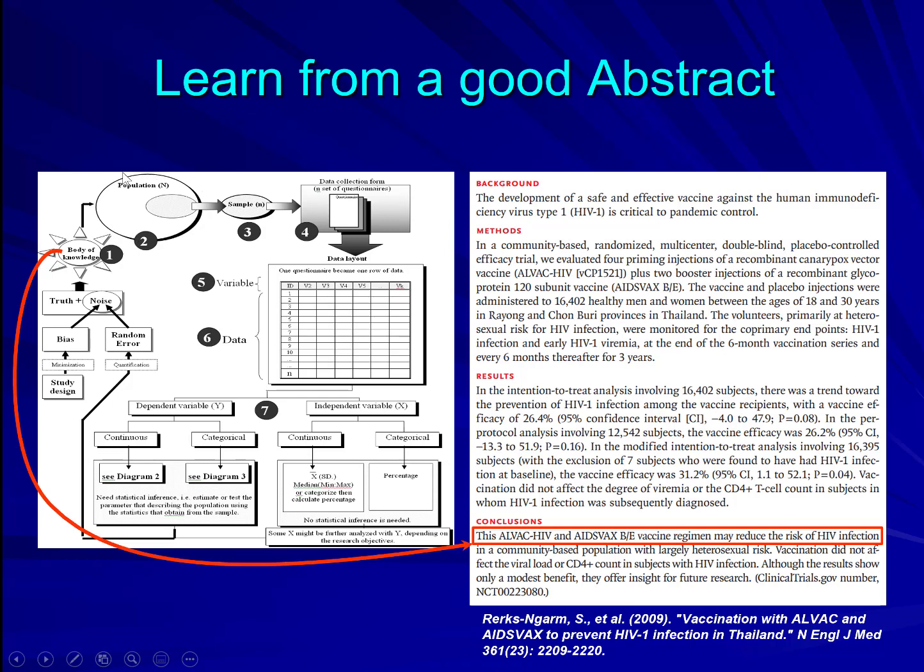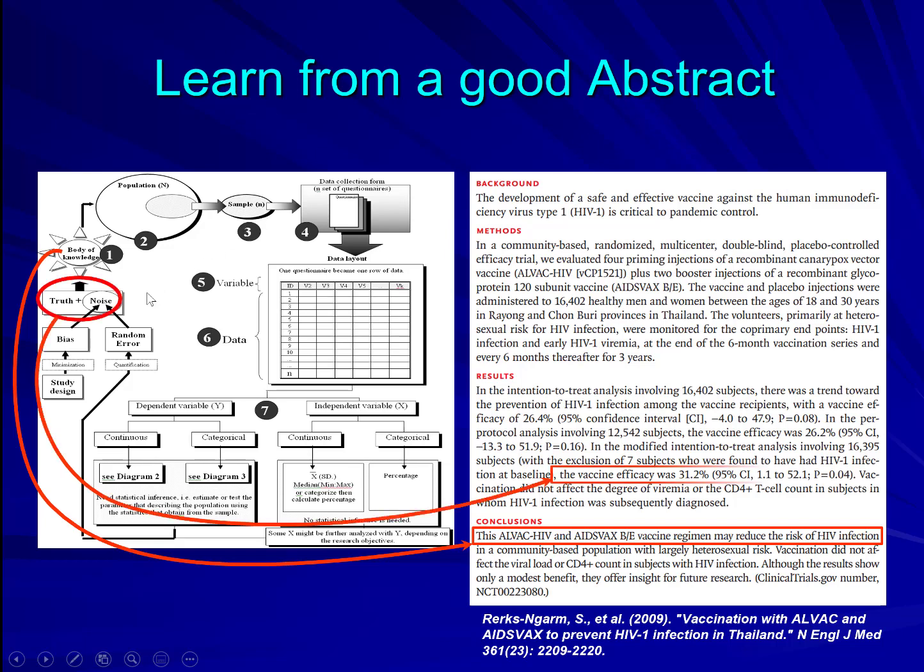The population is all over the world, because they are at risk of HIV infection, not just the provinces in Thailand. So if the vaccine works well, it will be recommended for use globally, for example. But the study population is from some provinces in Thailand, selected from the population.